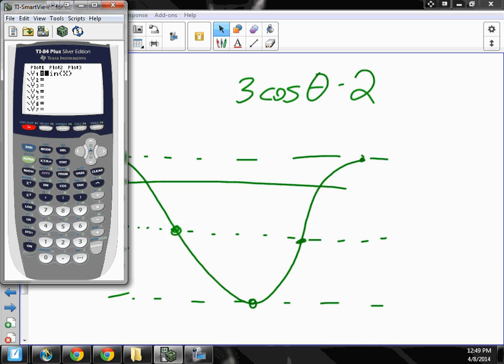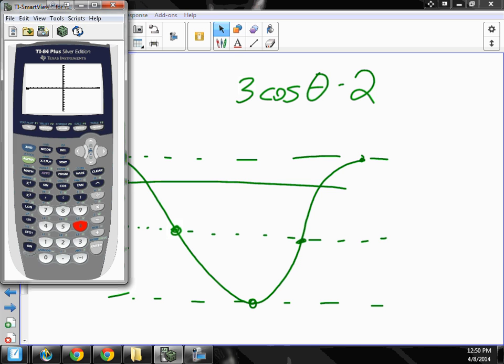So graph the sine of x and push graph. I see 2 little marks on mine. Okay, or you might have had a sine curve, but it's kind of hard to see because it's small.